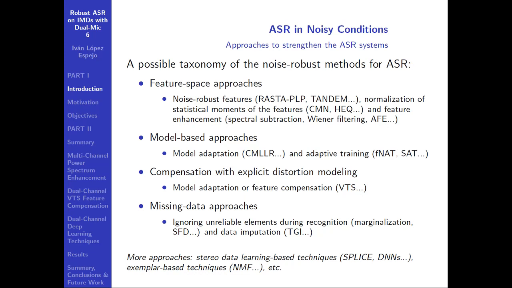They work by modifying the acoustic model parameters, and they are often more accurate than the feature space approaches at the expense of a high computational complexity. We have compensation with explicit distortion modeling, for example VTS applied for either model adaptation or feature compensation. And the missing data approaches handle uncertainty on the feature space. And of course we have many more approaches, for example stereo data learning based techniques, exemplar based techniques, etc.